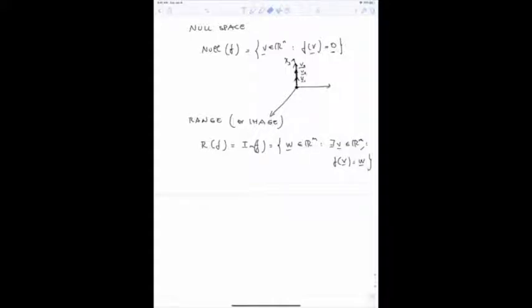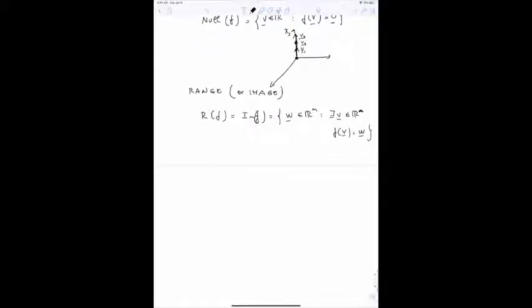This is something that you have probably seen before in a less formal way, or in a simpler way. So you have two sets, for example, of points.